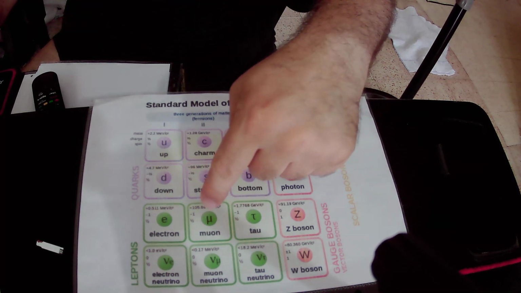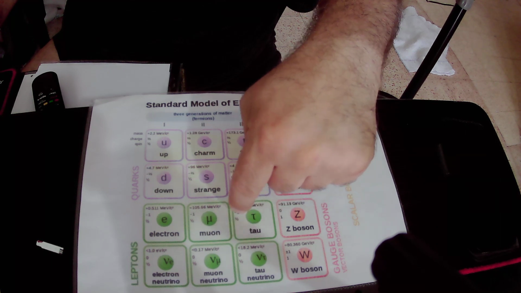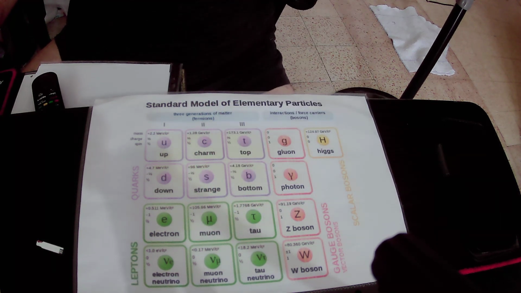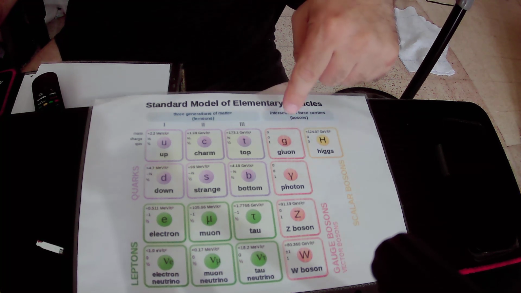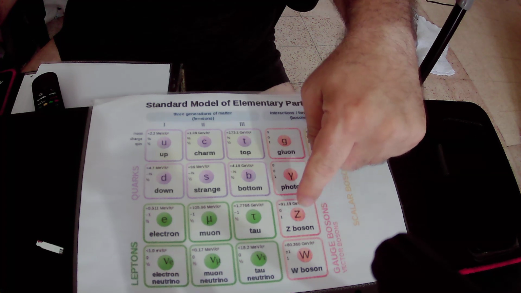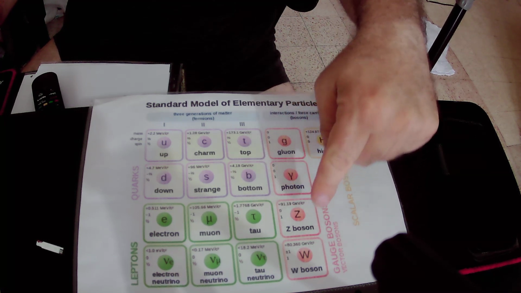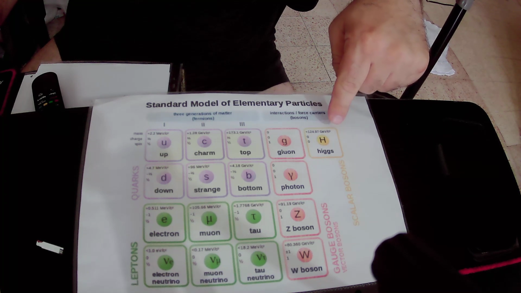In the green color, there are 6 leptons, and 5 bosons. In the red color, we have 4 bosons, and the 5th boson is the Higgs boson in the yellow color.